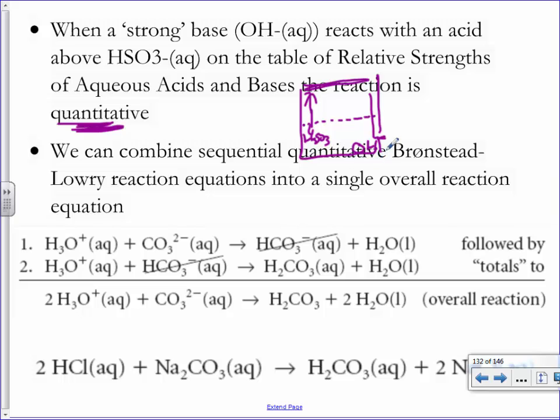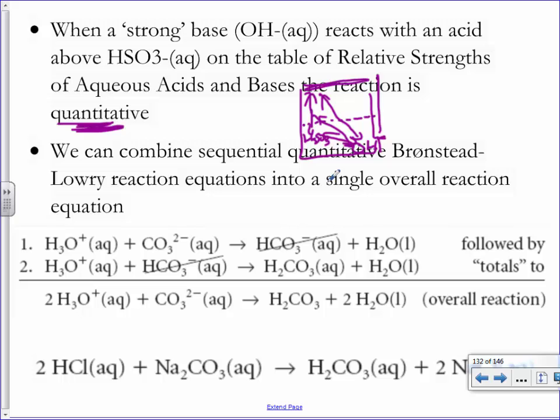Usually it's not at equilibrium anymore, because the strong base is so strong that once it picks up its proton, it really doesn't give it back anymore. So if you have from here reacting with here, or from here reacting with here, or if I hold this thing up right here, here's the H2SO3. If anybody above my index finger here tries to react with a strong base, it actually doesn't usually react at equilibrium anymore, because the strong base is so strong.